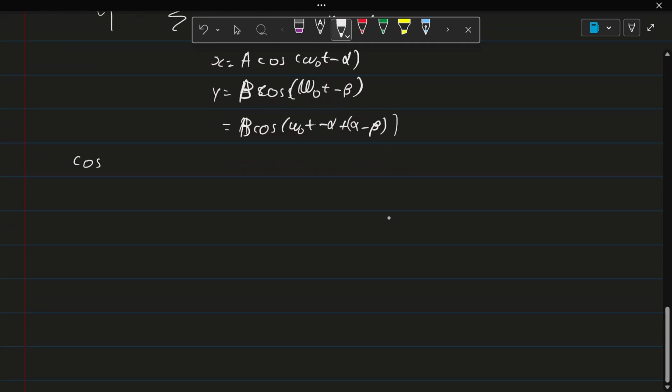So remember that cosine of a plus b could be expressed as cosine a cosine b minus sine a sine b.